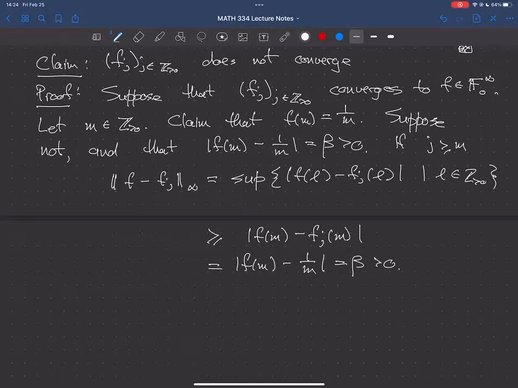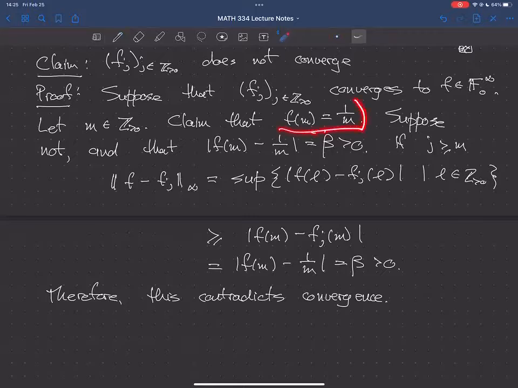And the point is that this is true for every j greater than or equal to M, and so therefore this contradicts convergence. It must therefore be the case that this holds.